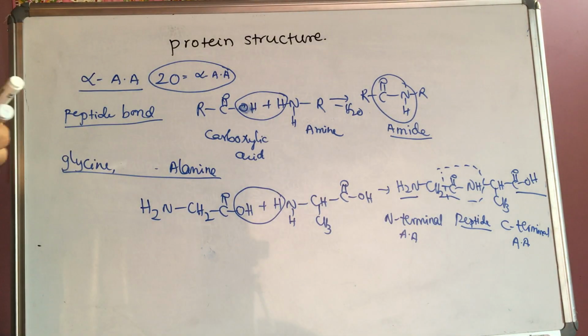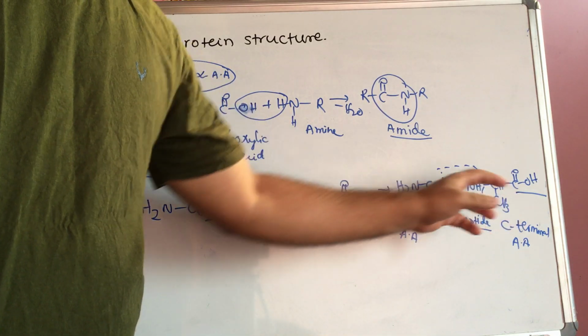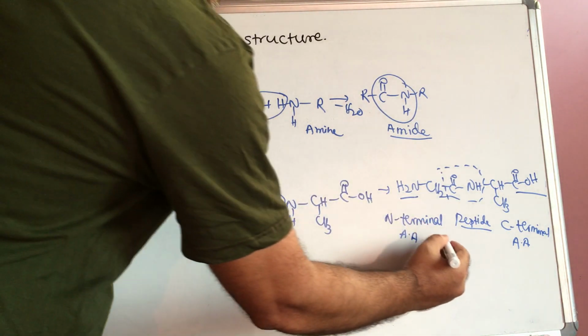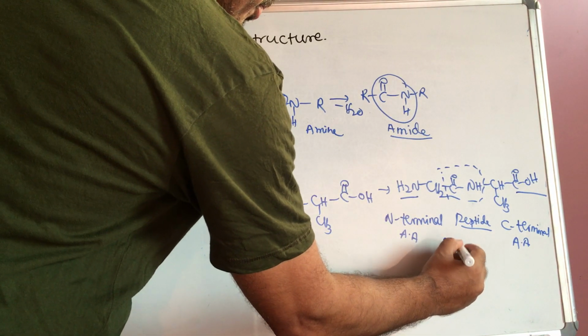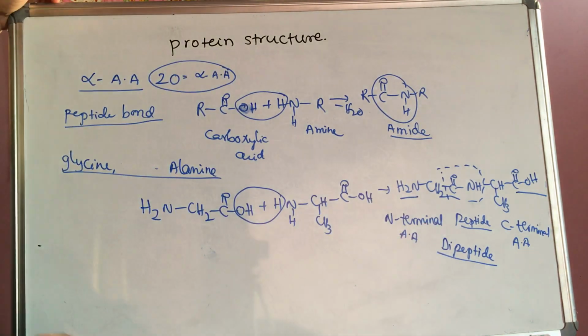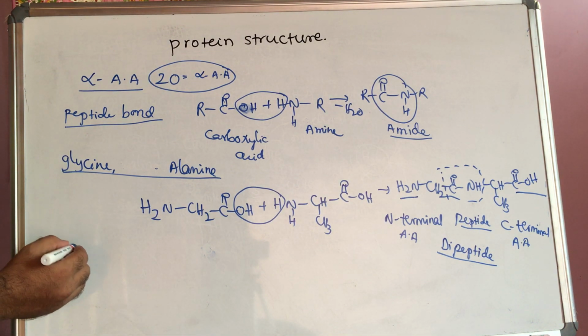Like this, to form one amide bond or peptide bond, how many amino acids are linked together? 2. That is called dipeptide. This is called dipeptide. If tripeptide is there, nowadays they are asking in competitive exams, a dipeptide has how many amino acids? So dipeptide means 2 amino acids.